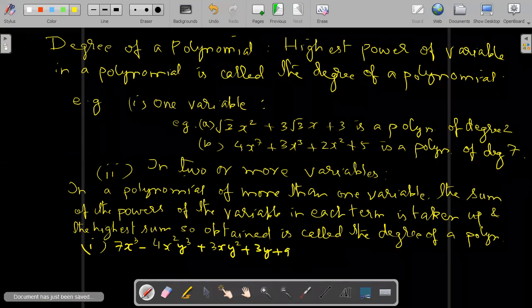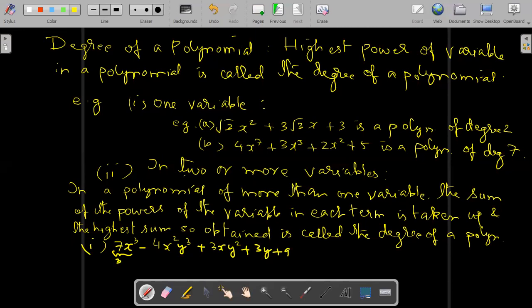Here the degree of the first term is 3, because only x is there with power 3. Here we add the two powers, 2 and 3, so 2 plus 3 is 5. Here the degree of this term is 2 plus 1, that is 3, and here 1 only. So which is the highest degree? 5 is the highest degree. Therefore, the degree is 5.